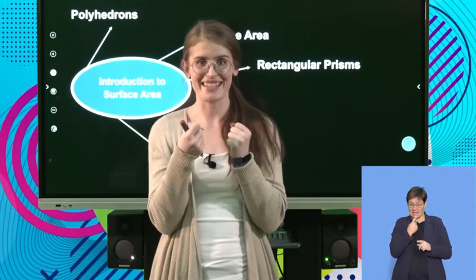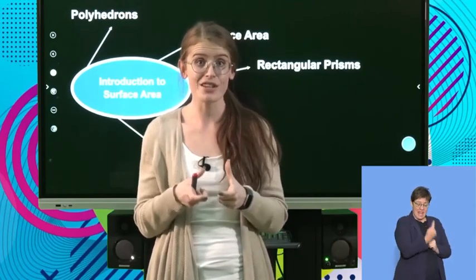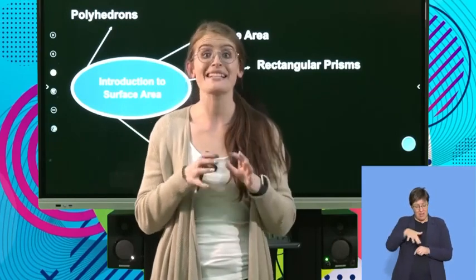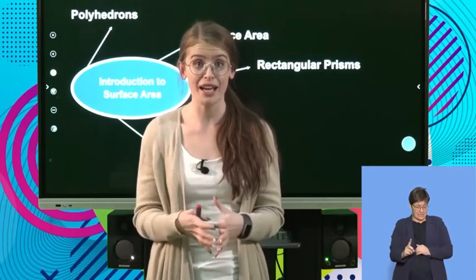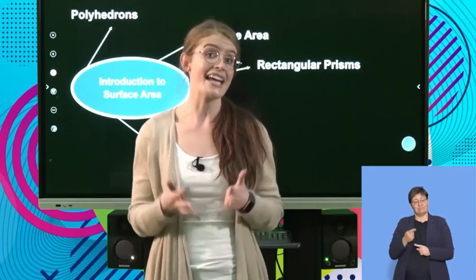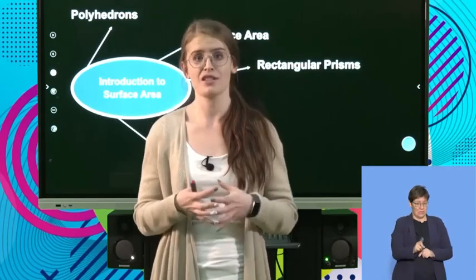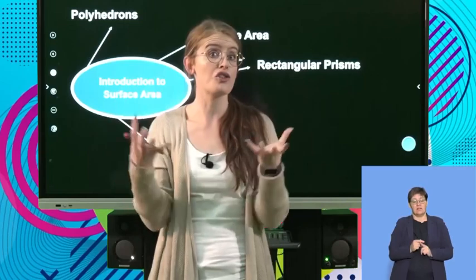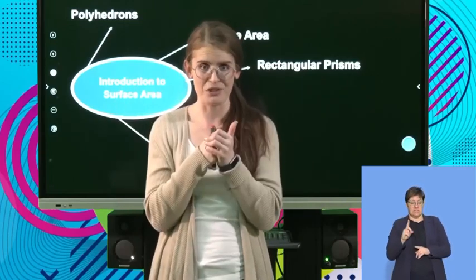So I'm going to say that again. We take the areas of each shape that makes up the 3-dimensional figure, and we add all of those areas together, and that is what surface area is. So it's the area along the surface of the 3D object.